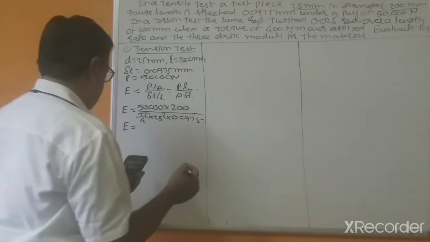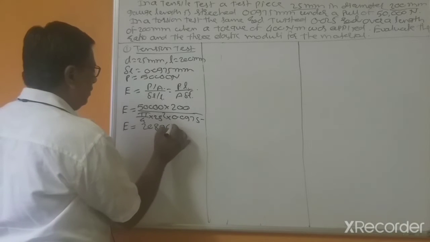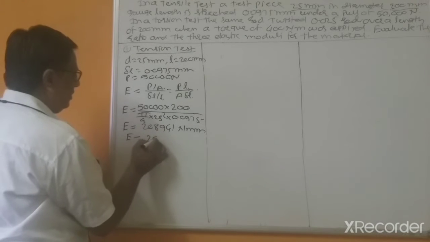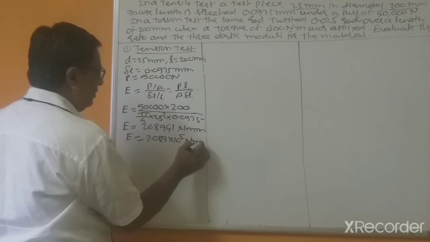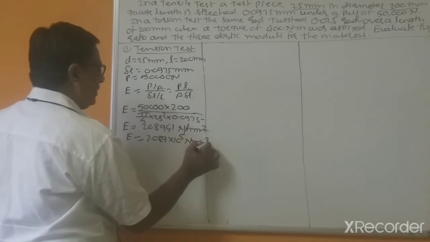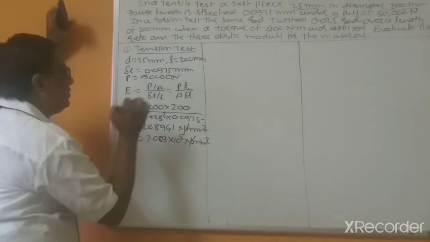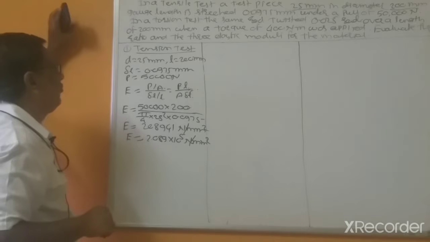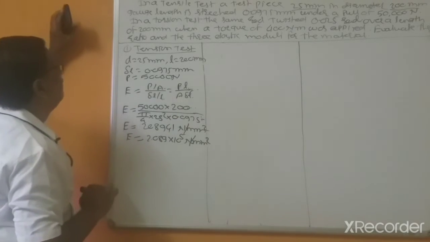So this is right, 208,941 Newton per mm square. So that's why 2.089 into 10 to the power 5 Newton per mm square. This is per mm square because this is Newton, this is length, and this mm will get cancelled, and this is right.